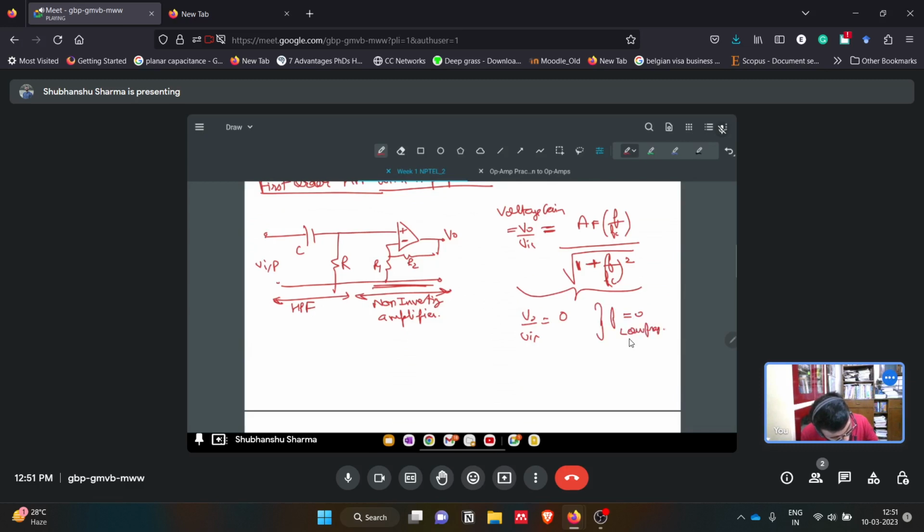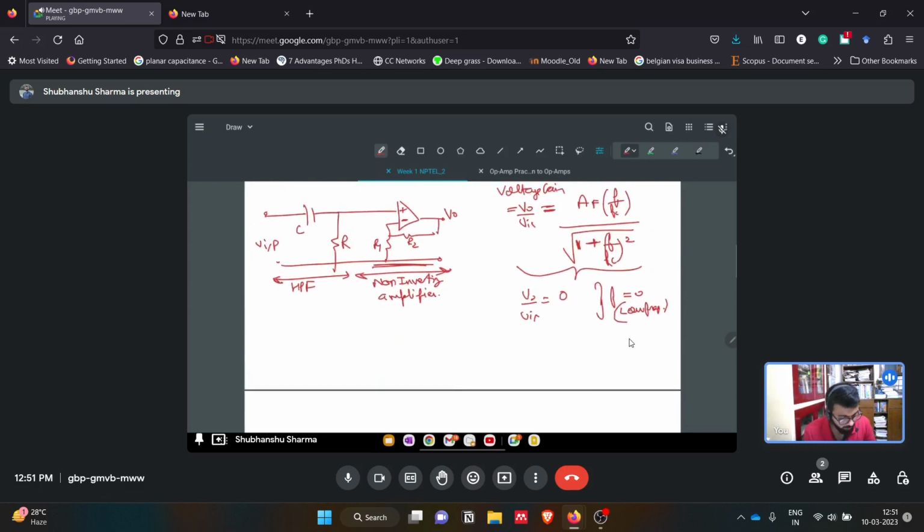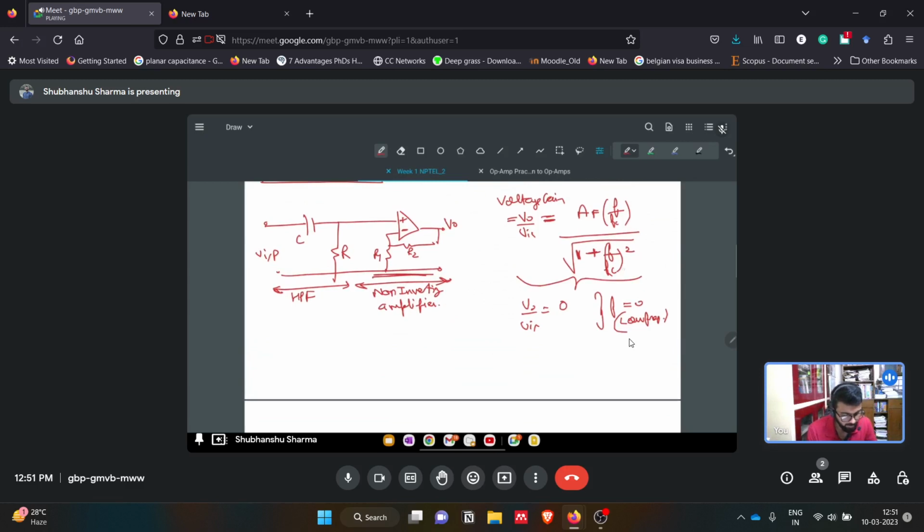For high frequency, f tends to infinity, the F terms cancel out, and we get a constant gain AF.